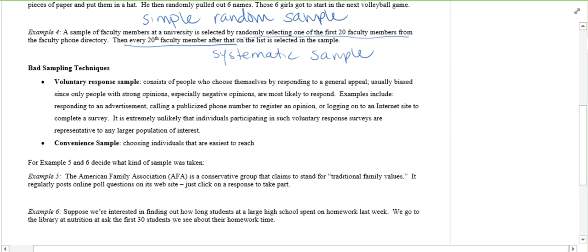Would this be convenience, or do you think this is voluntary response? This one is actually going to be voluntary response. People who want to participate in the survey are going to participate. They're going to click and fill out the survey. So this is a voluntary response sample.